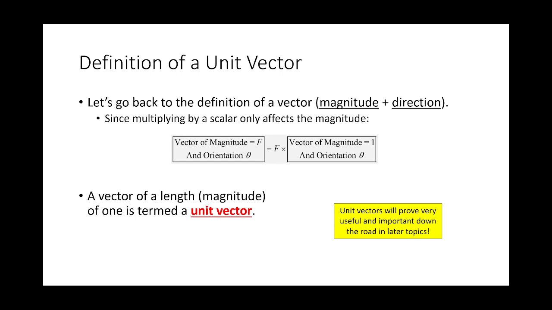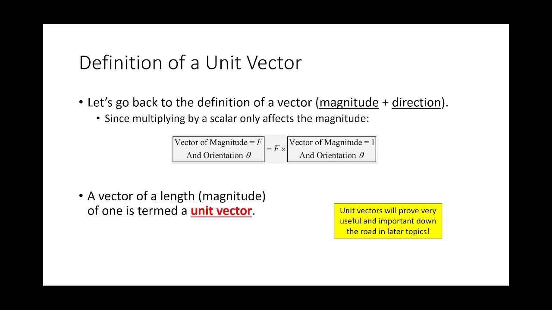So the unit vector is a vector that defines the orientation but doesn't really define the magnitude. It just has a magnitude or a length of 1. A unit vector contains that directional information, that orientation information, but doesn't really have any magnitude. Its length is 1.